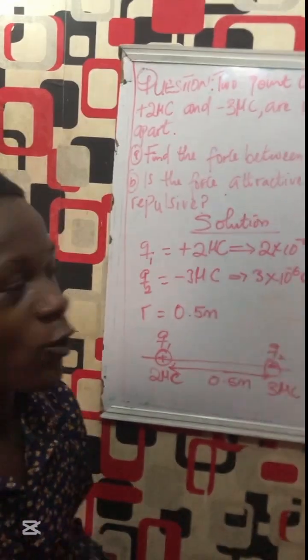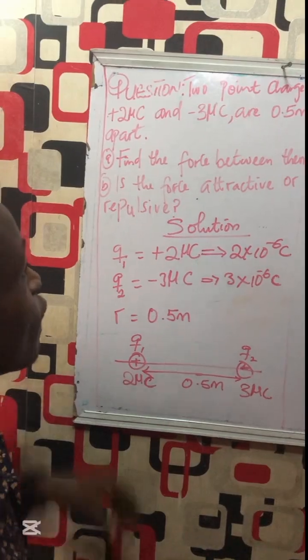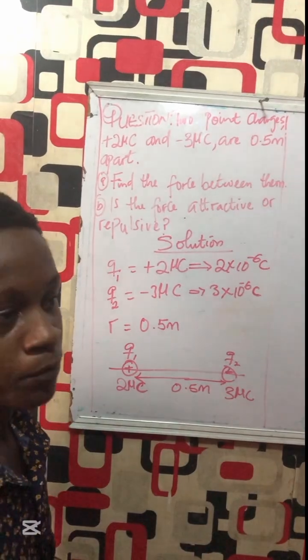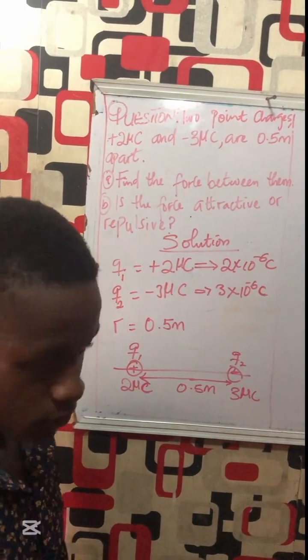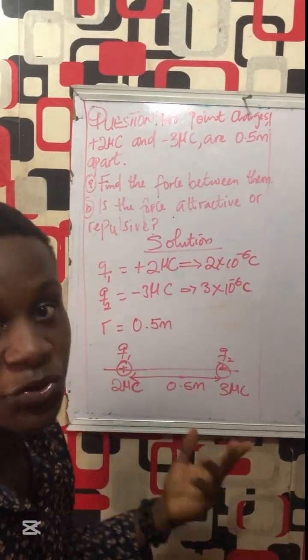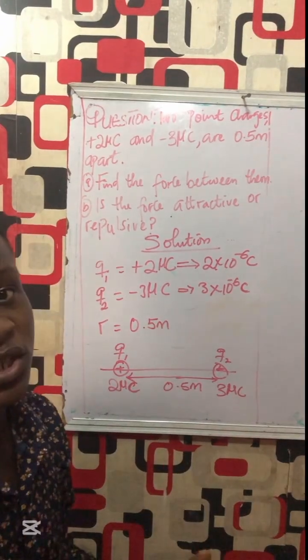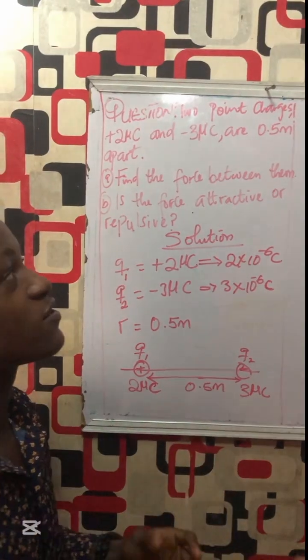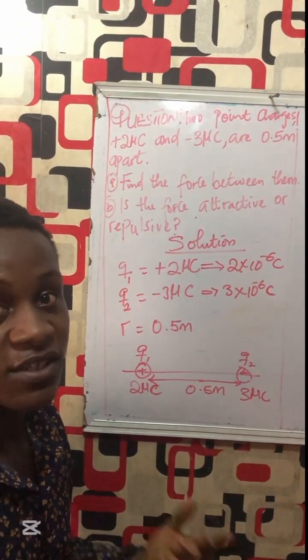So now let's solve. What is the formula for calculating the force of attraction between these two charges? It is very simple, from Coulomb's law of electrostatic force. It says that the force of attraction between two charges Q1, Q2 is directly proportional to the product of those charges, and inversely proportional to the square of the distance between the charges.